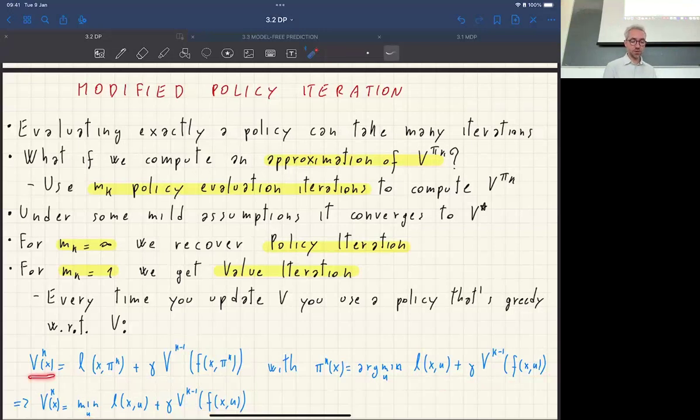Since here, to evaluate the new value, I'm evaluating this expression using as action the action that was computed by minimizing the same expression, that's the same thing as saying that the new value is simply the minimum of this expression over u. Because what I did with these two lines is find the minimizer of an expression and then evaluate that expression for the minimizer. But that's the same thing as finding the minimum of the expression.